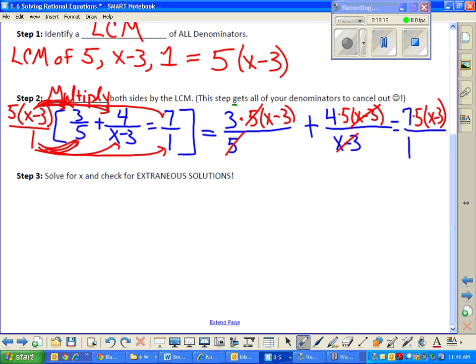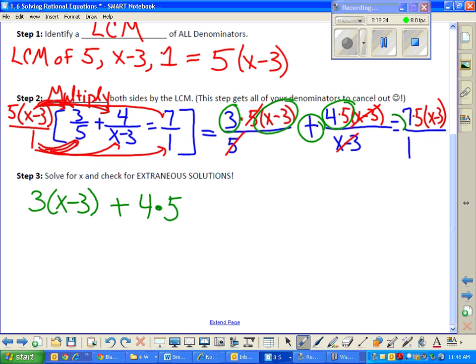So here I have 3 times x minus 3 plus 4 times 5 equals all of that, seven times 5 times the quantity of x minus 3.